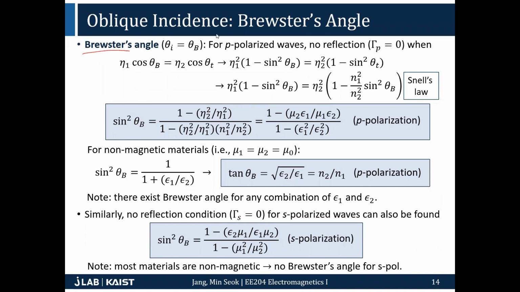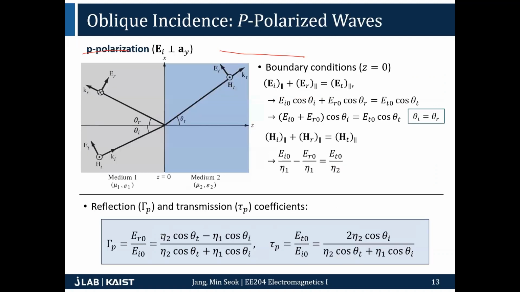For P polarized waves, if you look at the equation here, the reflection becomes 0 when the numerator here is 0, right? So eta 2 cosine theta_t equals eta 1 cosine theta_i, then the reflection becomes 0, no reflection at all.